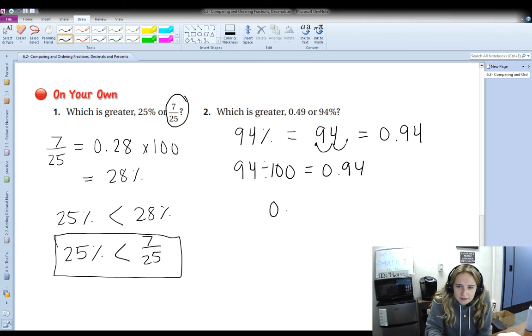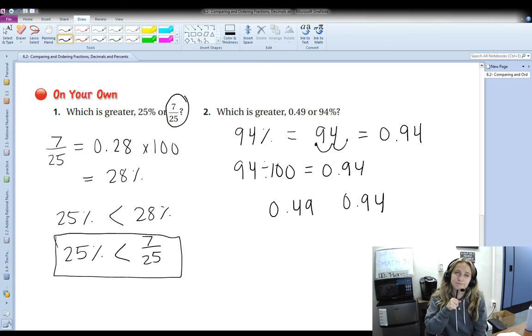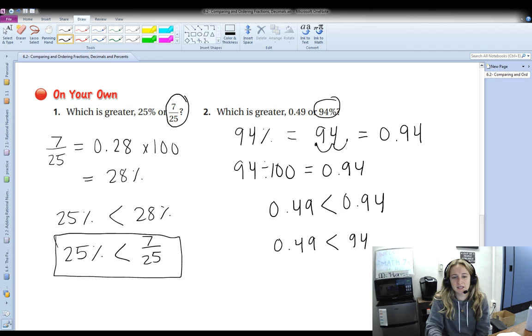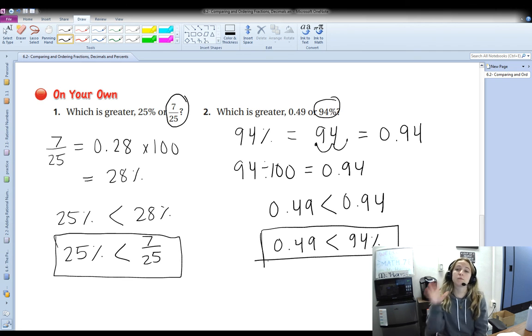Now let's compare 0.49 and 0.94. Which one's bigger? Hopefully you said that 0.94 is bigger. And remember, 0.94 started as 94%, so let's write it that way: 0.49 is less than 94%. So we have compared both of those, and that is the answer.